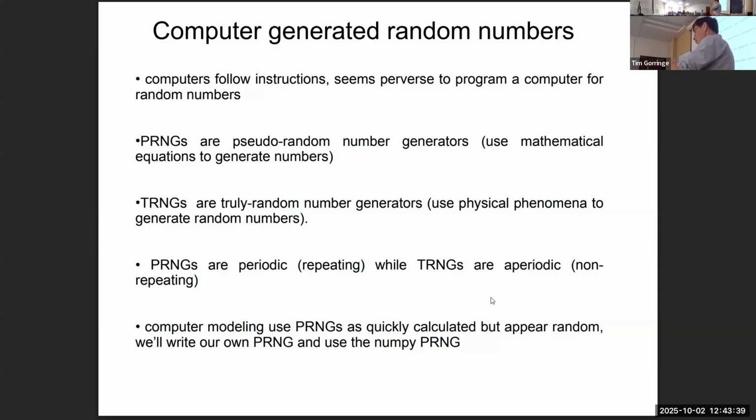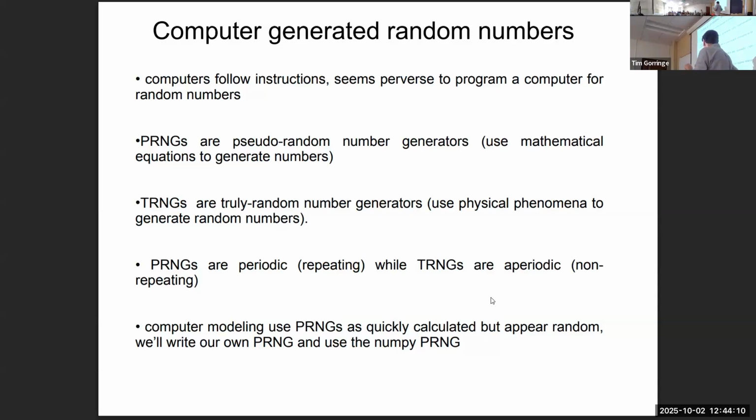So it's strange or perverse to ask computers to generate random numbers, because they're designed for very deterministic following of the instructions they've been given. How on earth would a computer generate random numbers? Well, we'll see what possibilities there are.